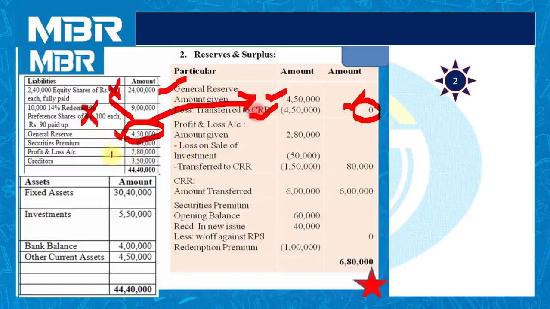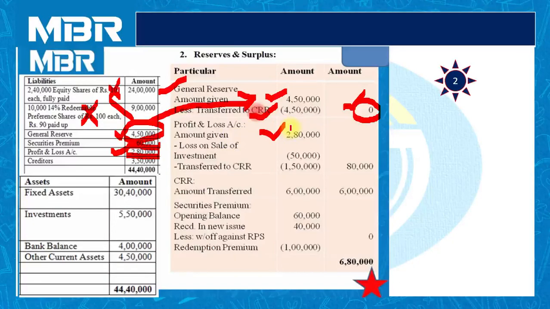Then come to the second item, profit and loss account. The profit and loss account balance given over here is 2,80,000. Now recall all the transactions that we have completed earlier.